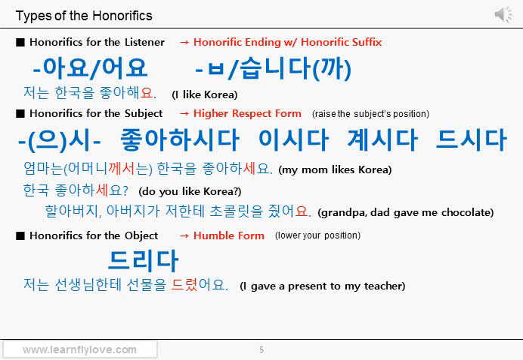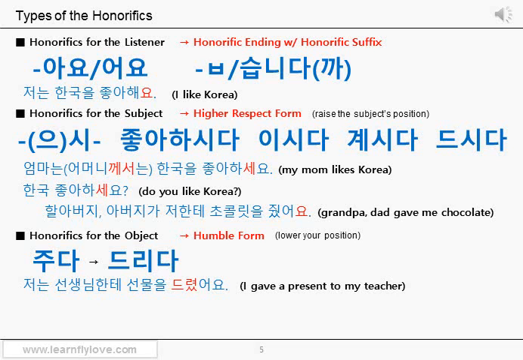This is the humble form of the verb 주다, to give. So the subject is I. You gave a present to your teacher. Teacher is an object. Doesn't matter if it's a direct object or indirect object. Anyway, a teacher is not someone who takes an action. A teacher here is a receiver.